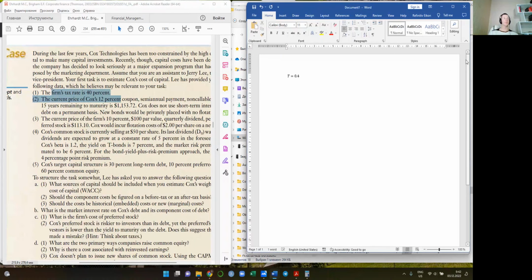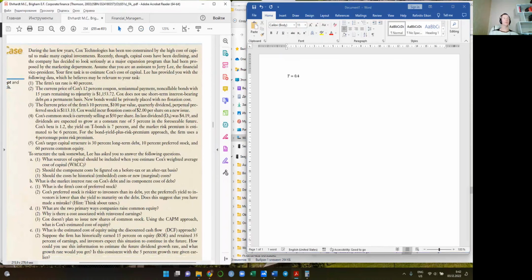The current price of Coke's 12% coupon semi-annual payment non-callable bonds with 15 years remaining is given. Coke doesn't use short-term interest-bearing debt on a permanent basis. New bonds would be privately placed with no flotation cost. So the second part is something about the cost of debt, right?